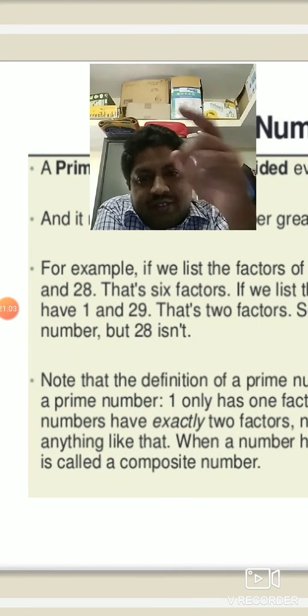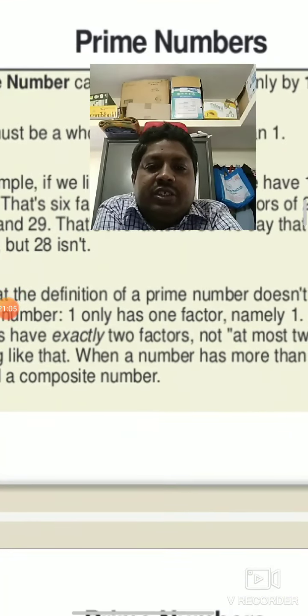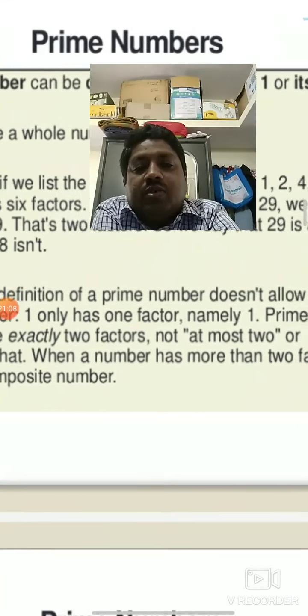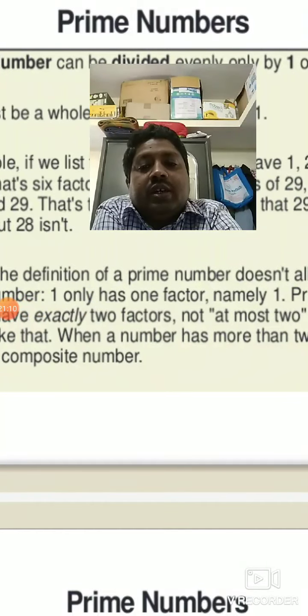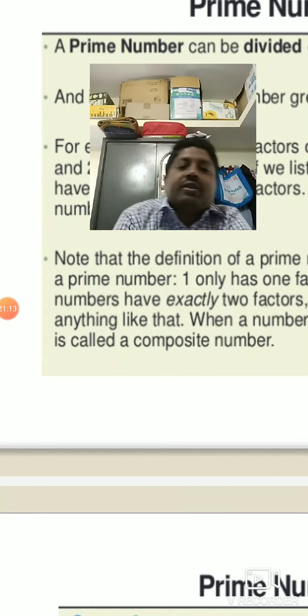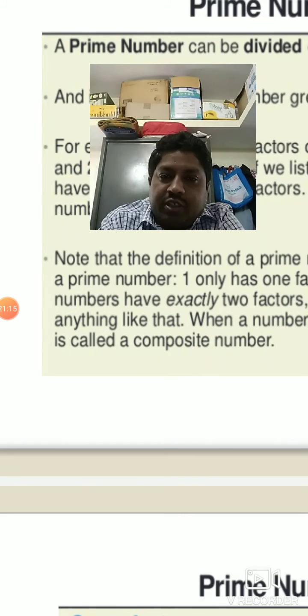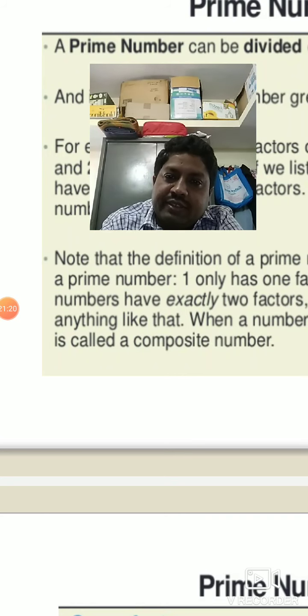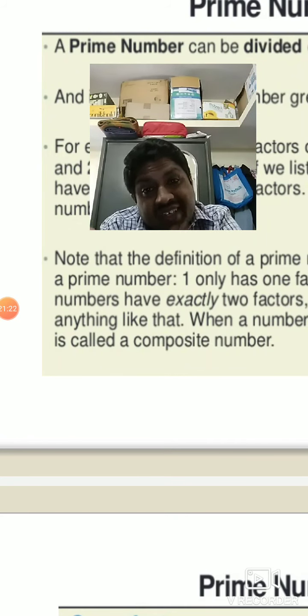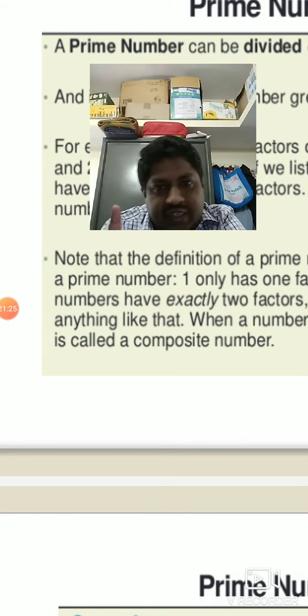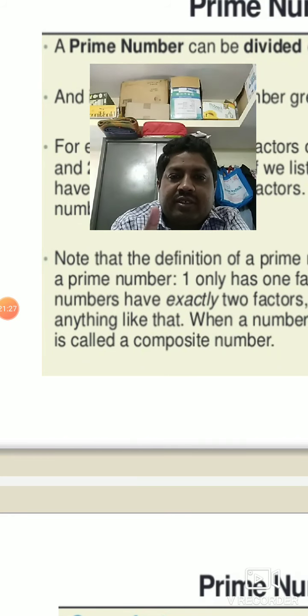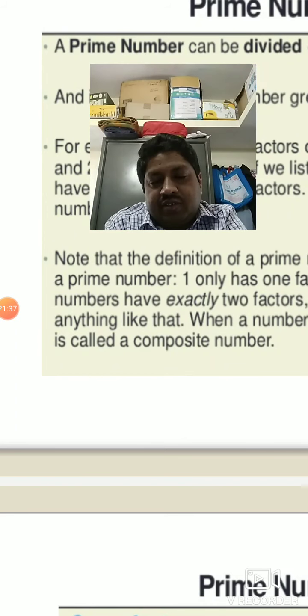Note that the definition of a prime number does not allow 1 to be a prime number. How many factors does 1 have? How many numbers will divide 1 exactly? Only 1, right? It has only one factor. So prime means exactly two factors, composite means more than two factors, but 1 is neither prime nor composite.